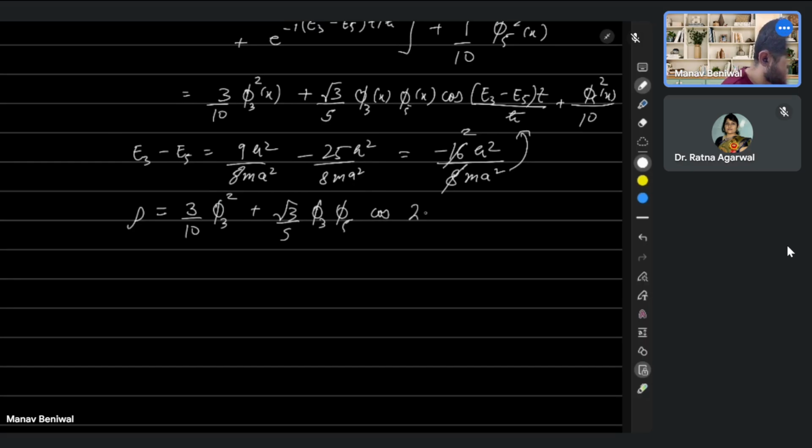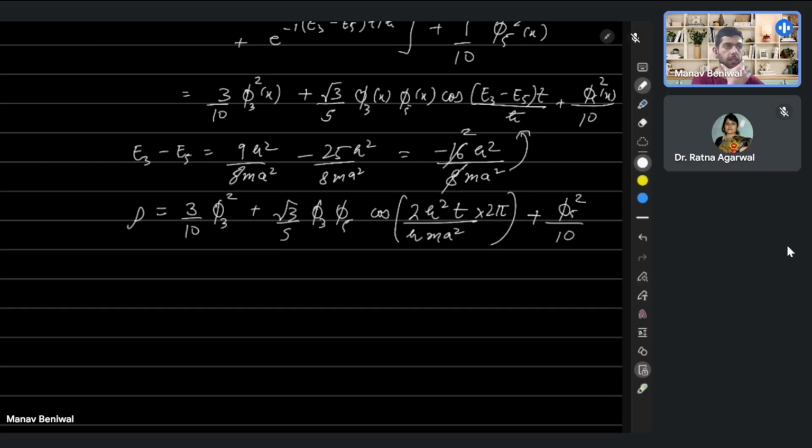So cos of 2 h squared t over, so h cut is h over 2 pi, so this 2 pi goes here, and ma squared comes here, so cos of this, and plus phi 5 squared over 10. And finally we can also write down the wave functions.